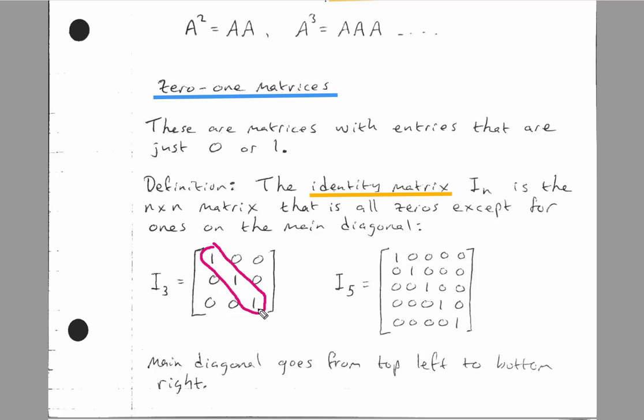So the entries on that diagonal are 1, and everything else is 0. Yeah, this is I sub 3, the 3 by 3 identity matrix. I sub 5 looks like this. 5 by 5, the same idea.